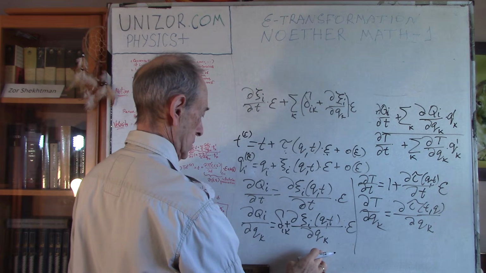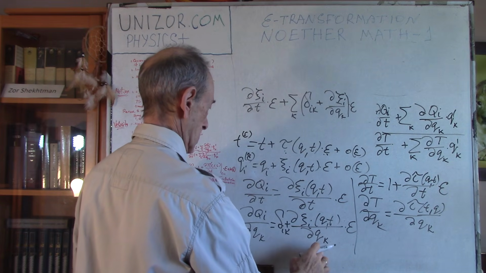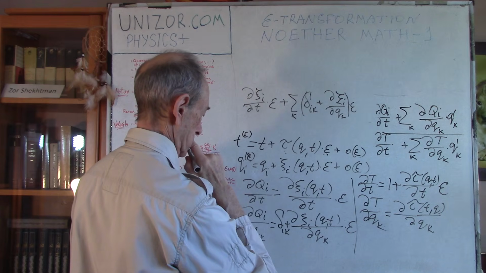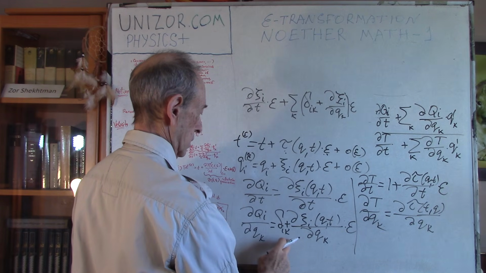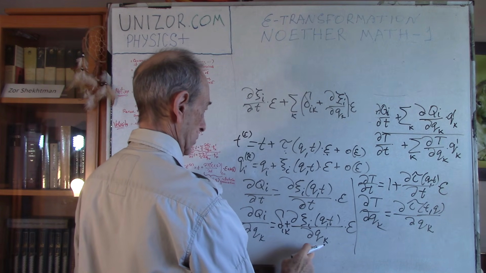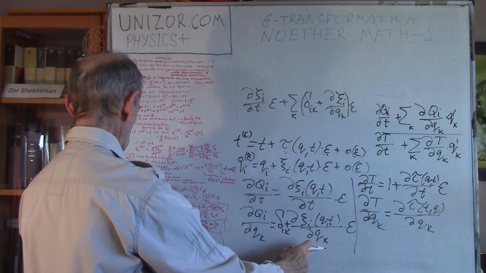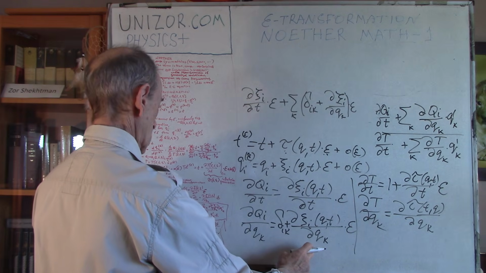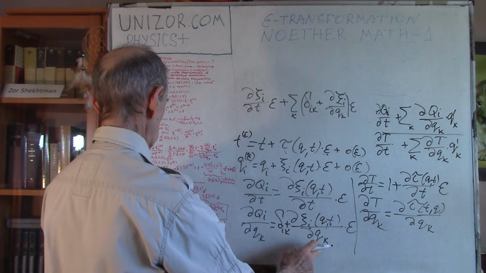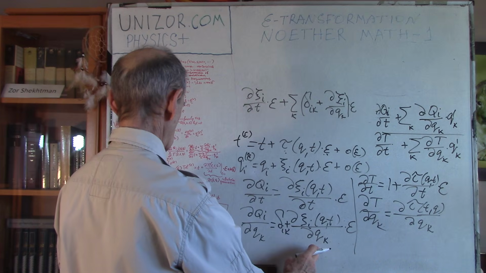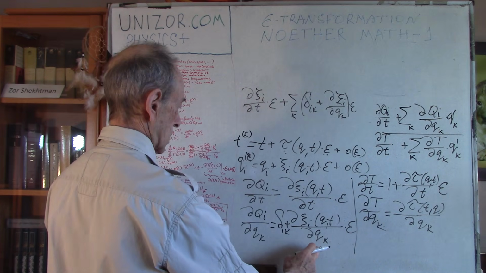Plus this one, dqi by dqk, delta plus epsilon. Okay, that's correct.